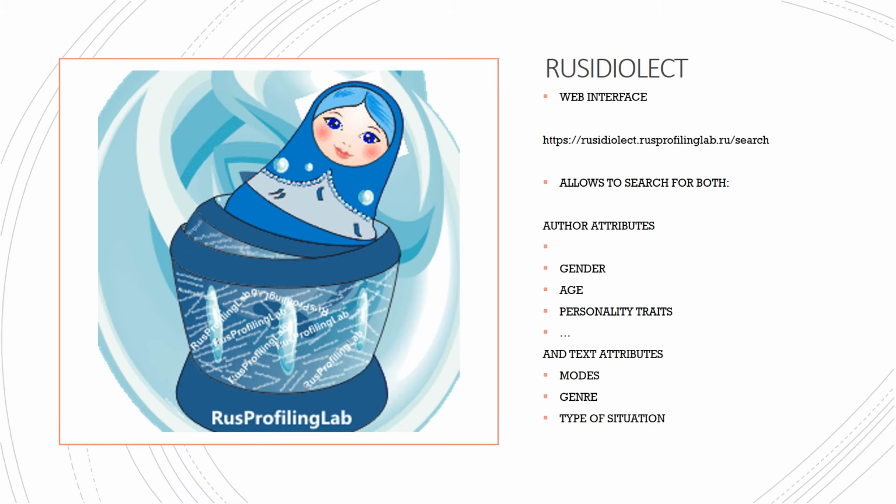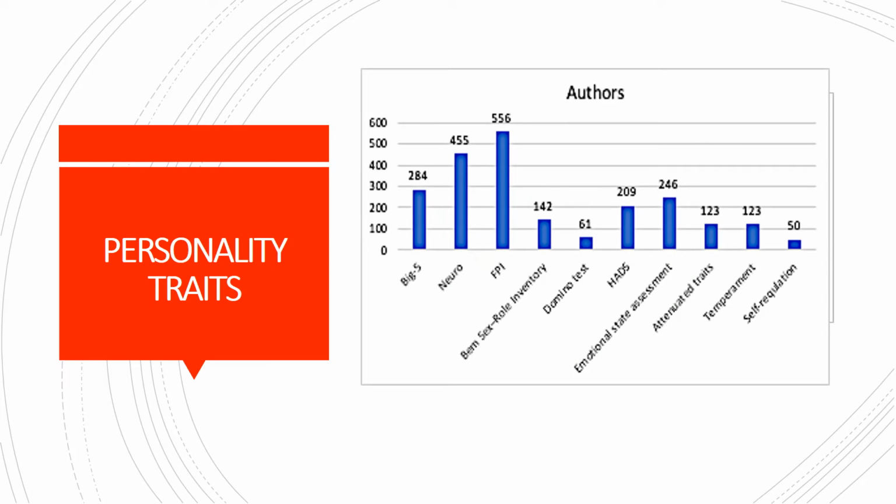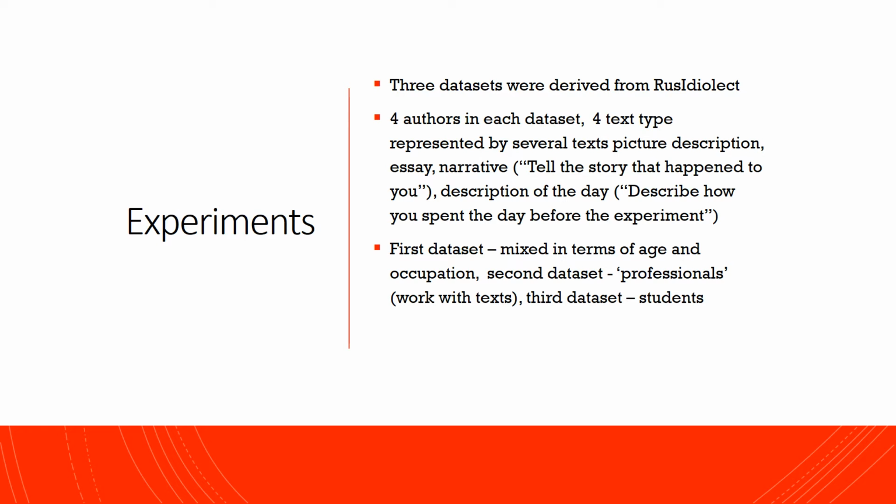A team of the Corpus Idiolectology Lab has collected the first freely available resource of this type, RusIdioStyle, which is now a part of the RusIdiolect database. RusIdiolect has metadata related to both texts and authors. 3 datasets were derived from RusIdioStyle, with each of them containing texts by 4 different authors.